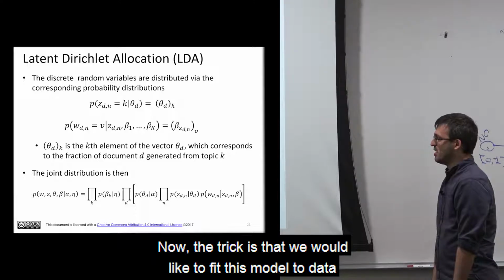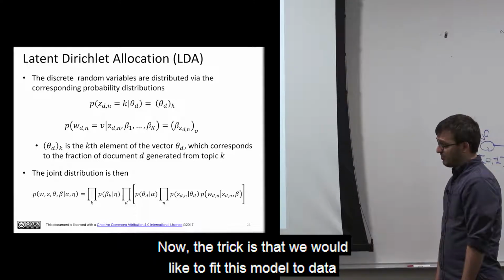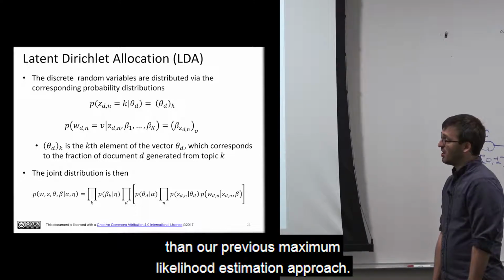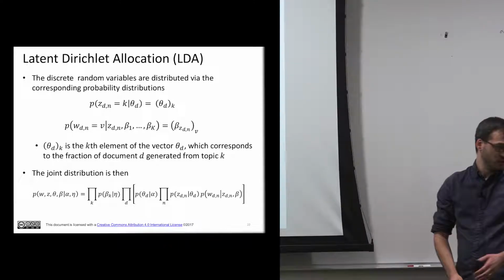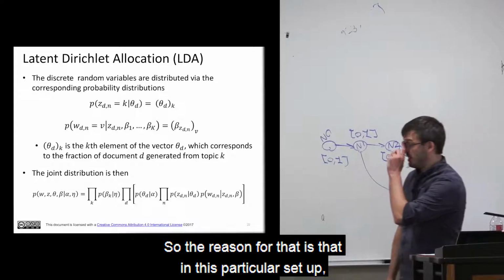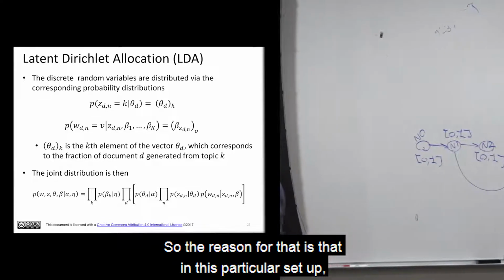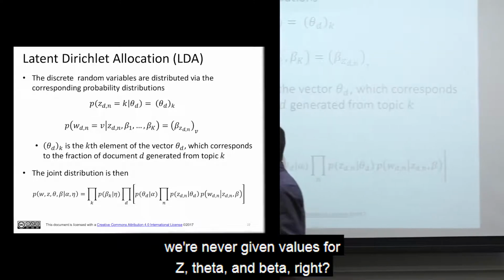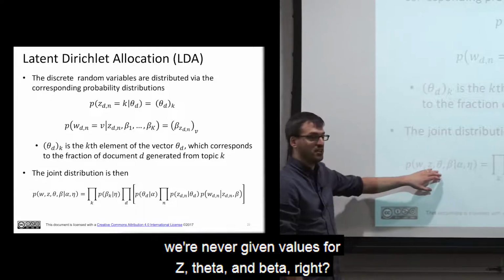Now, the trick is that we would like to fit this model to data, but it's a little bit more complicated than our previous maximum likelihood estimation approach. The reason for that is that in this particular setup, we're never given values for z, theta, and beta.